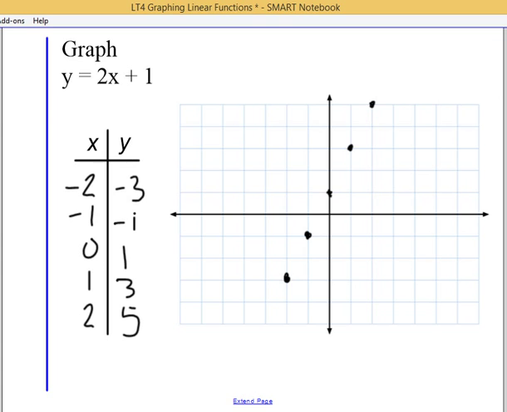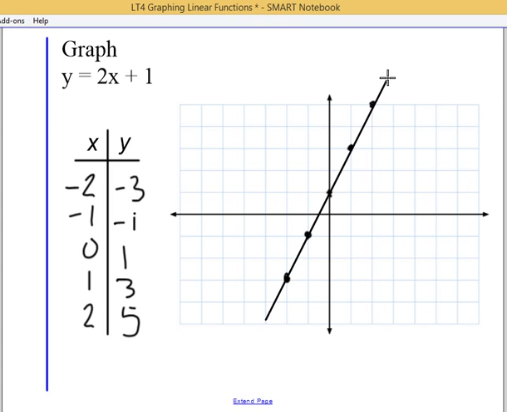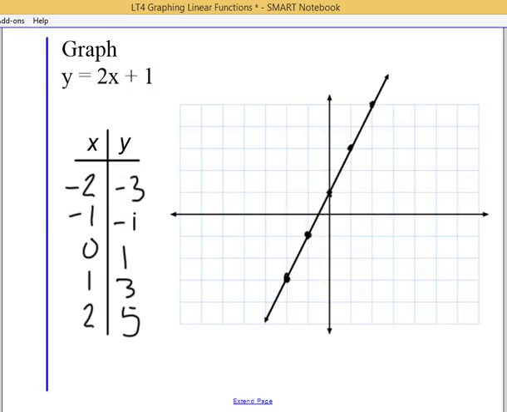This is our line. Now don't forget, this is a line. Lines don't end, so make sure that you put arrows on both sides of this, because that line is going to continue forever. So that's very basic graphing, super easy. Just plug in the points, plot the points, and you get your line.